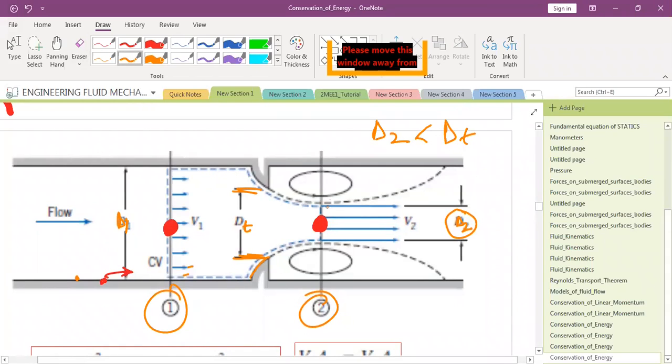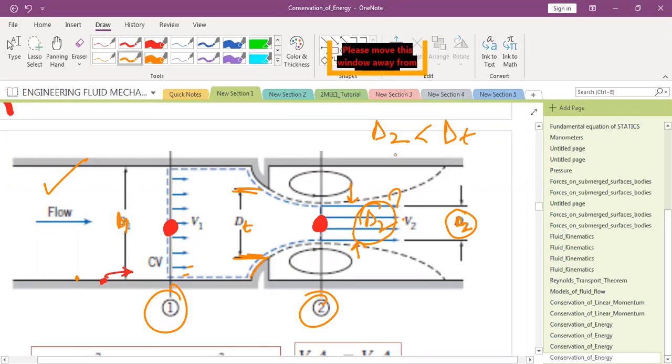Do you know what the diameter D2 is practically? Which two diameters do you know practically? You know the diameter of the pipe, you know the diameter of the orifice or nozzle, but you don't know the diameter of this D2.